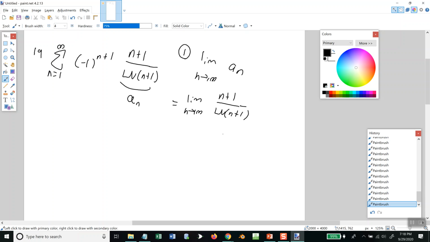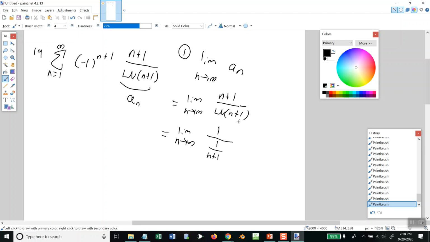If I took each one of those separately, both the top and bottom would go to what? Yeah, so we can use L'Hopital's rule again. Derivative of n plus 1 is 1. The derivative of natural log of n plus 1 is 1 over n plus 1 times the derivative of what's inside the parentheses with respect to n.